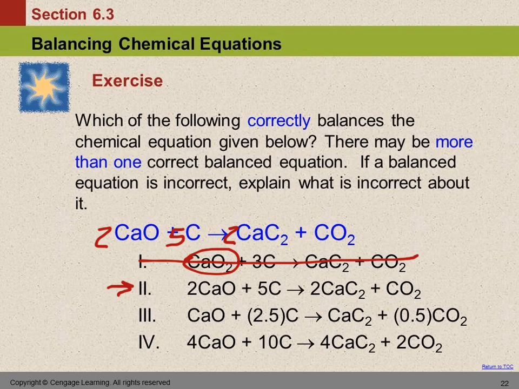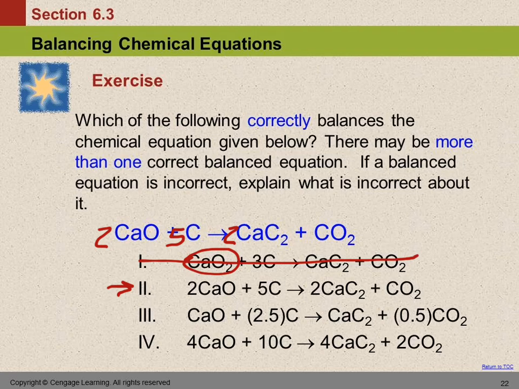What about number 3? Well, you can do that, but it's not ideal. We would prefer to have whole number coefficients. But is it balanced? It is. It's the same ratio, it's just that they're not whole numbers.